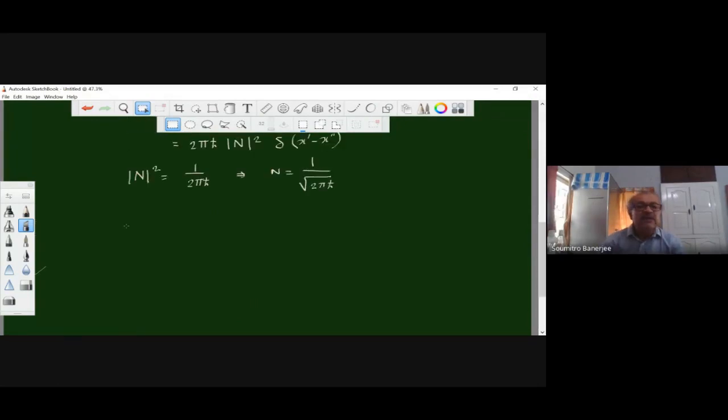If we substitute this, we find that what we set out to find was essentially ⟨x'|p'⟩, and that has turned out to be this.